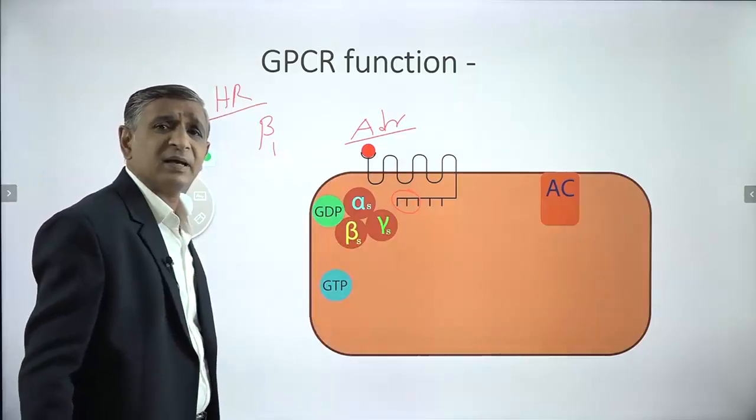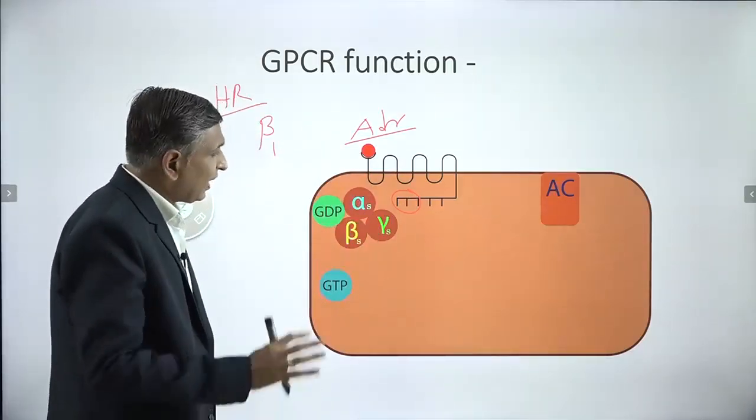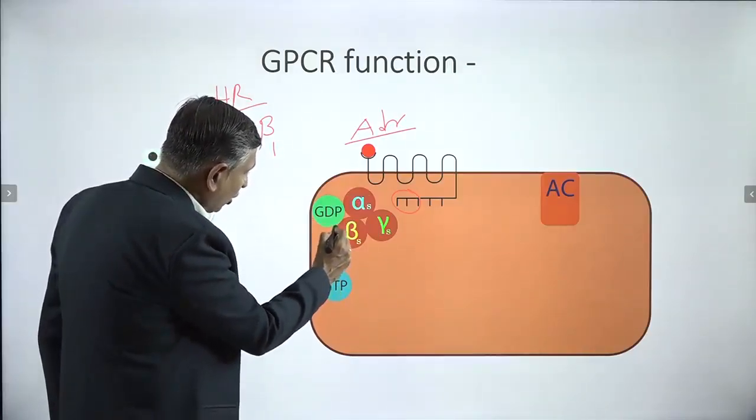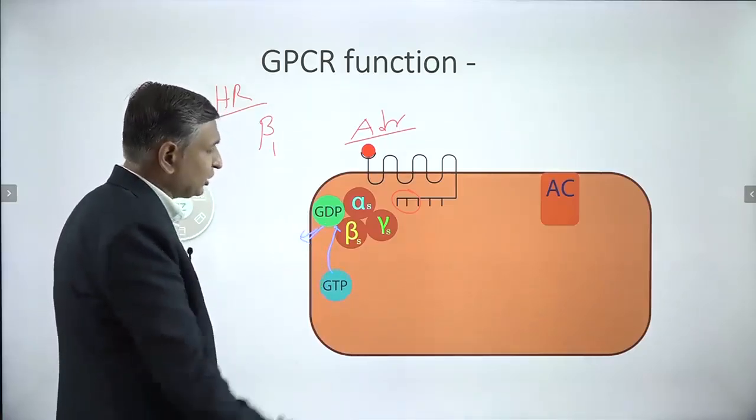Activation of this end will stimulate this G protein, and stimulation of the G protein will bring about the change of attachment of GDP and removal of GTP.